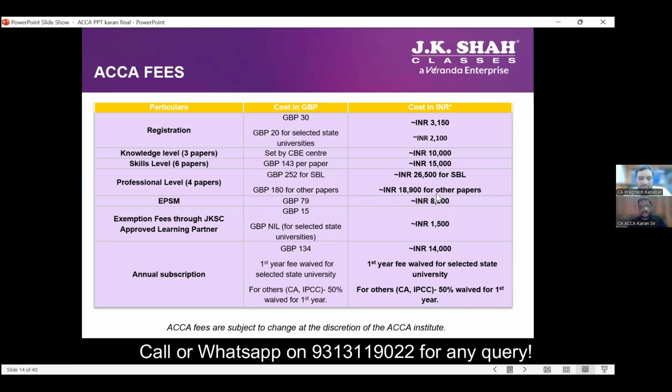Now, sir, why should they add ACCA to their profile? This is a course which gives you global recognition and global acceptance. Sir, please share your own frank experience of how ACCA has helped you when you were already a chartered accountant. I did multiple foreign courses after my chartered accountancy.